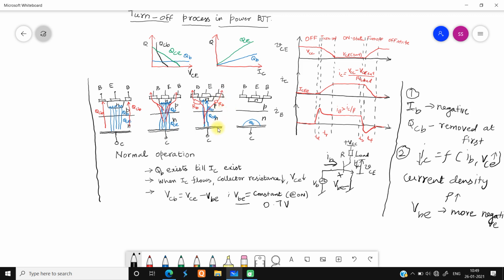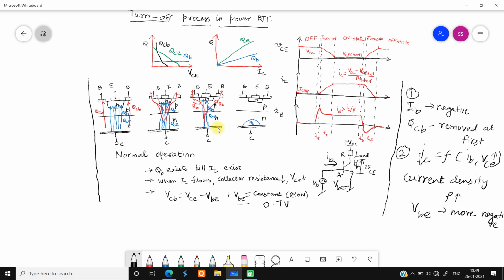This reduction will continue until all the charges across this QC and QB are reduced.